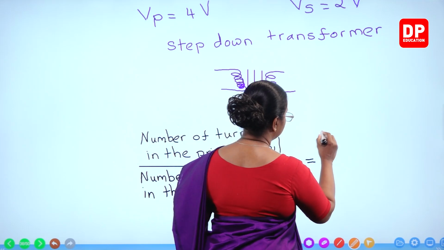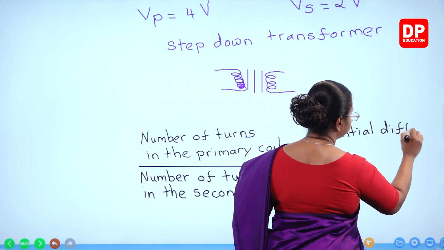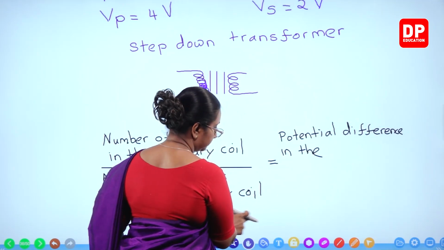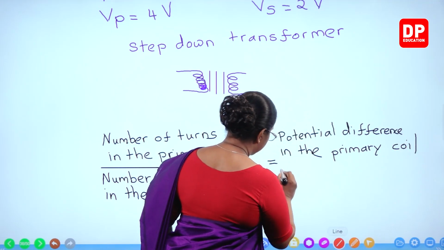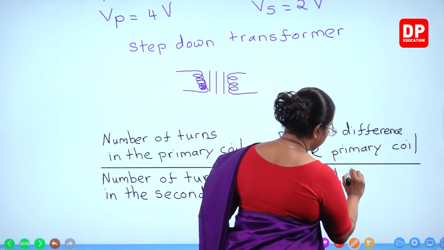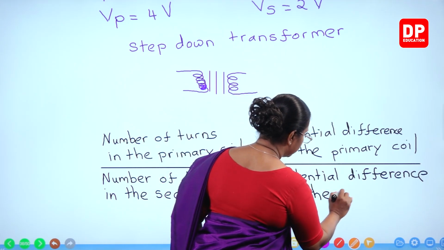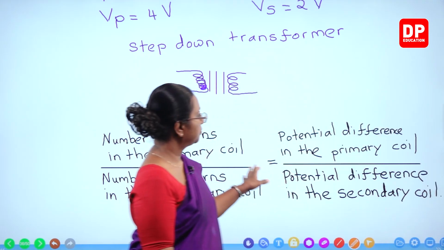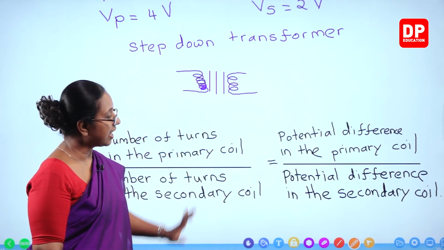That is equal to potential difference in the primary coil divided by potential difference in the secondary coil. So, that is how we can get it.